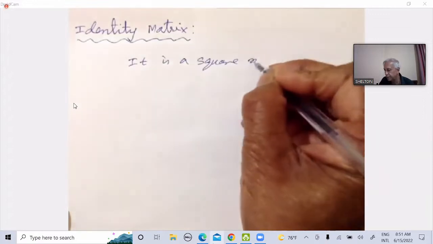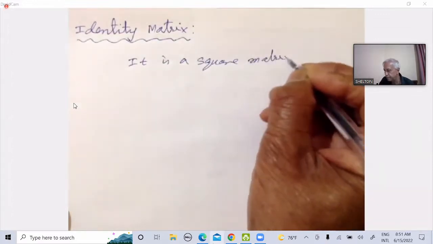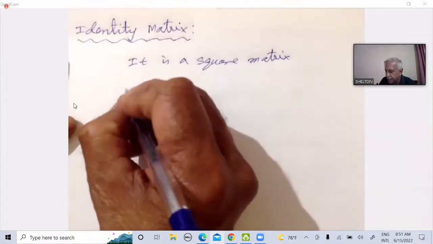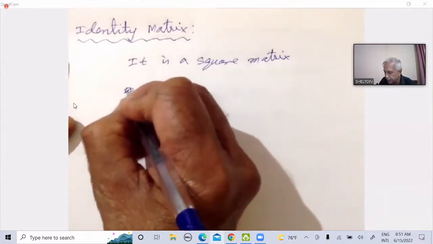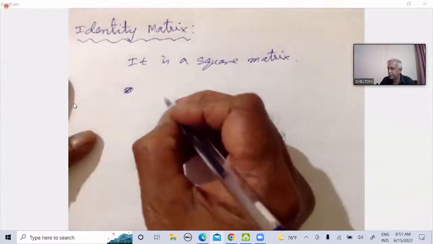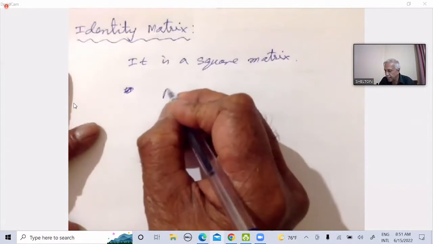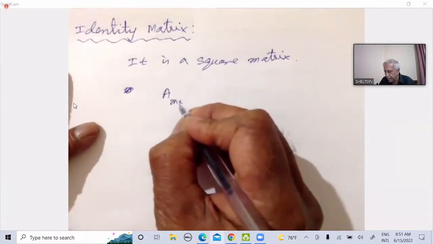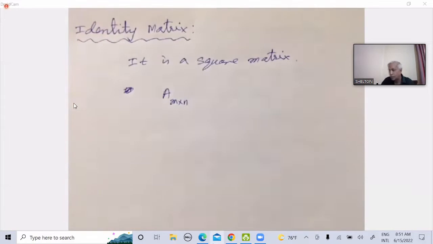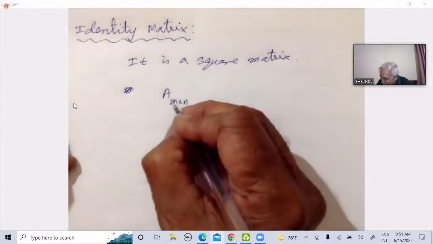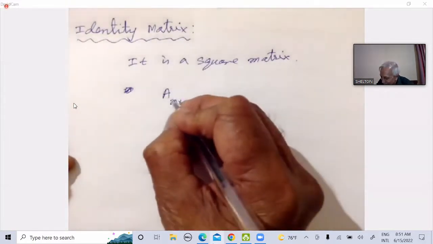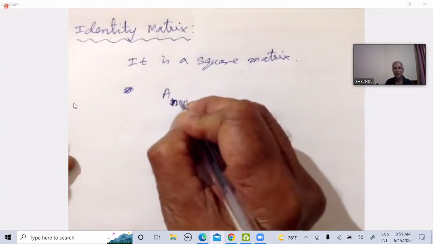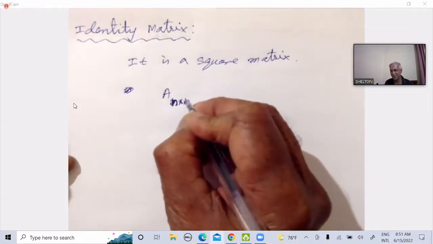So if it is a square matrix, instead of m by n, it should be n by n. A square matrix, A, n by n.